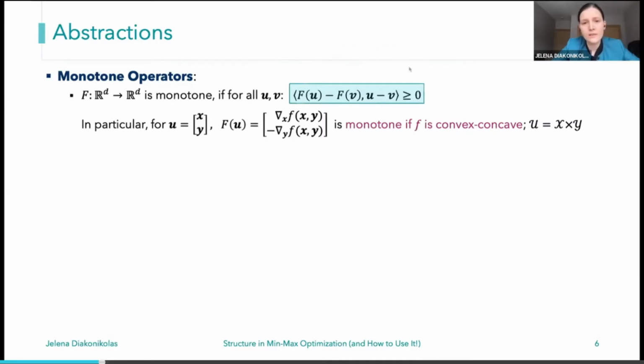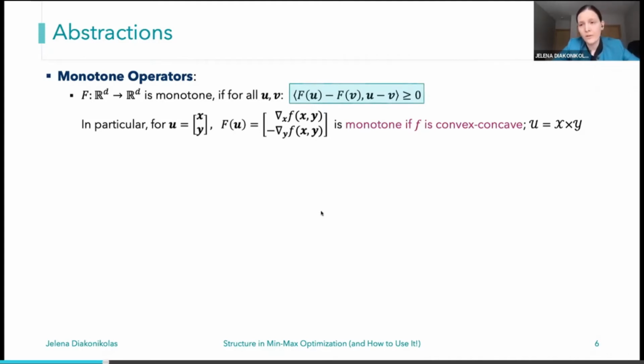This type of relationship holds for gradients of convex functions. But also if you have a convex-concave function and you stack the gradient with respect to the convex part and the negative gradient with respect to the concave part, you get that the resulting operator will also be monotone.